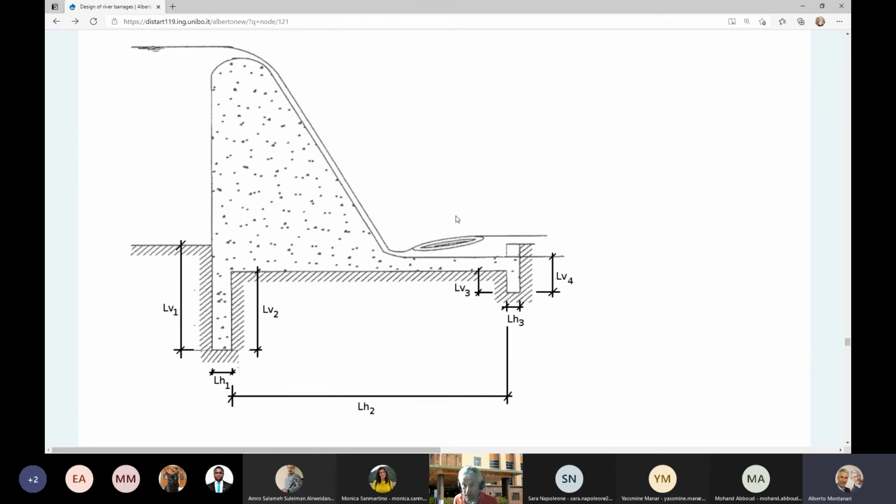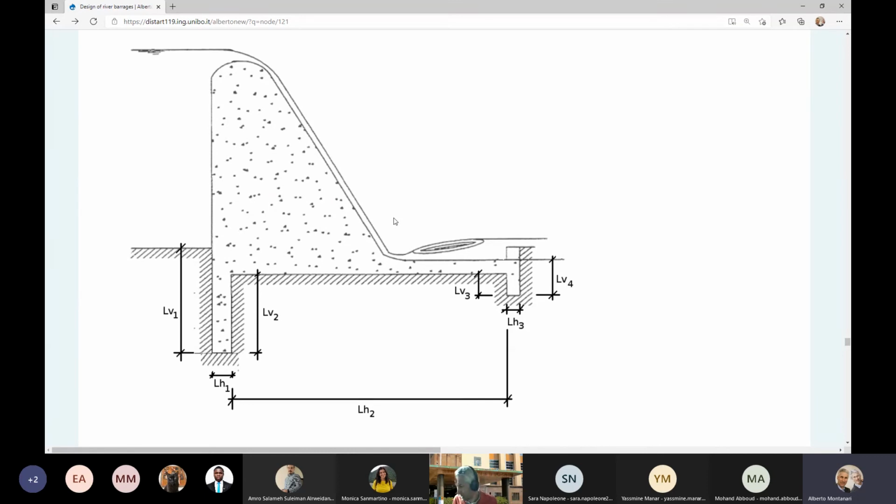And then we can make the sum of the horizontal paths and the vertical ones. So I can sum LV1 plus LV2 plus LV3 plus LV4. And I can sum LH1 plus LH2 and LH3 to find the total horizontal and vertical water path. Okay, very good.